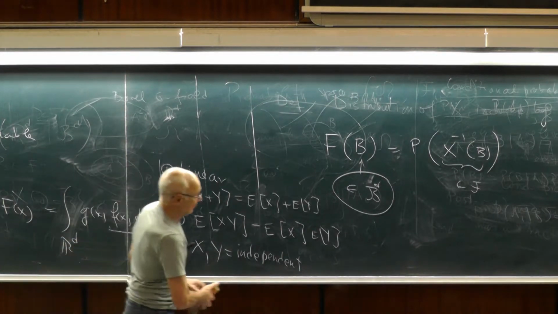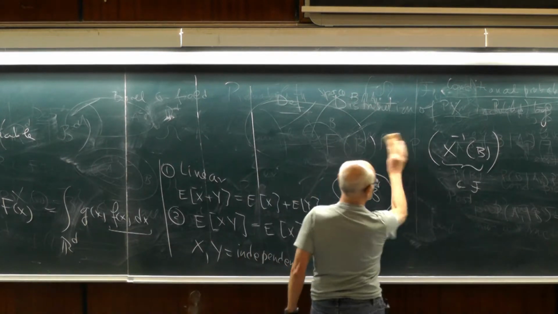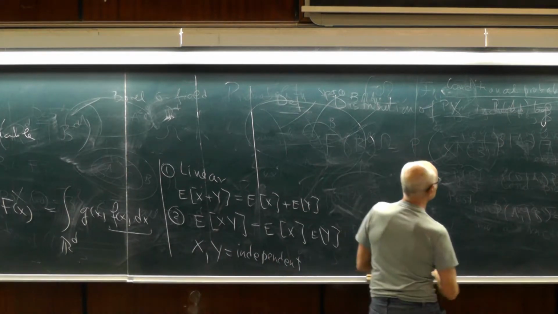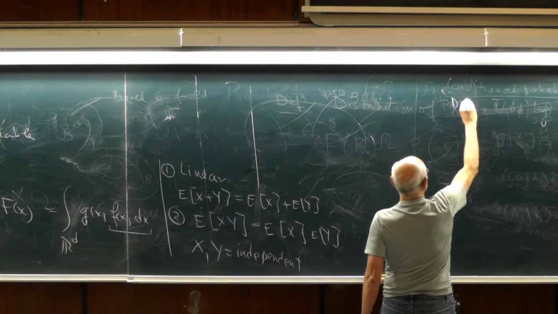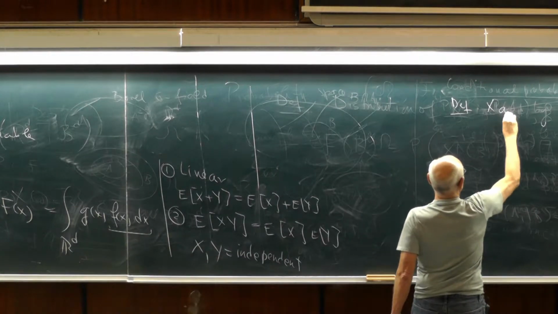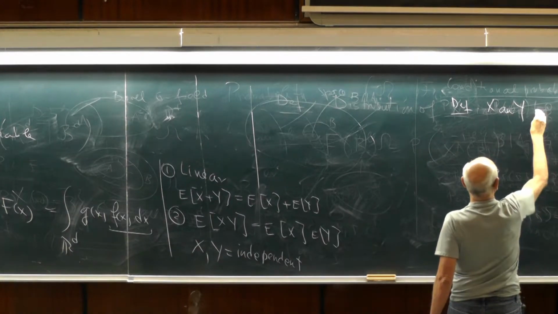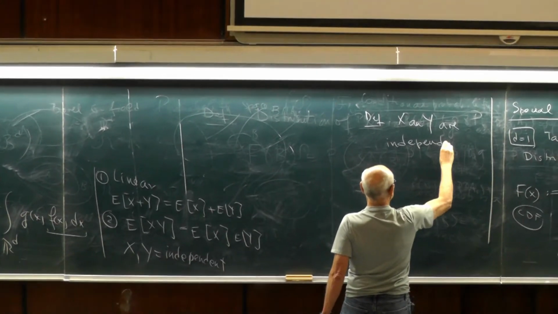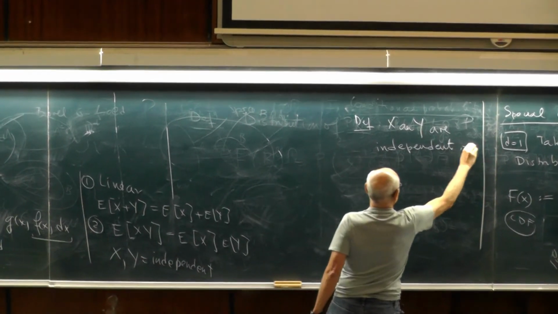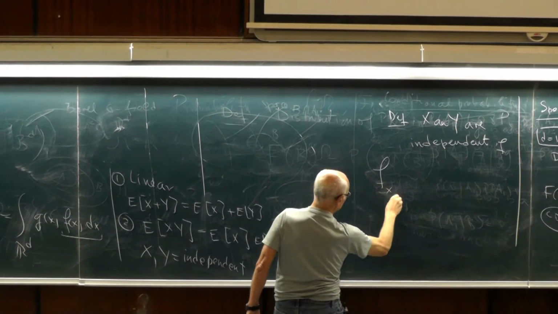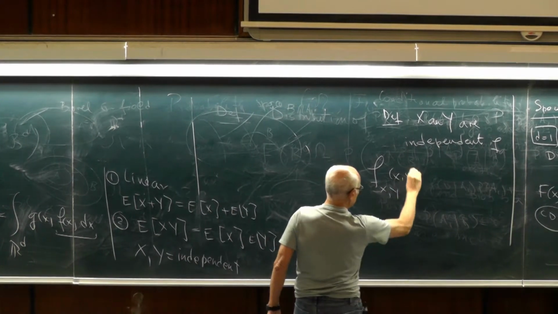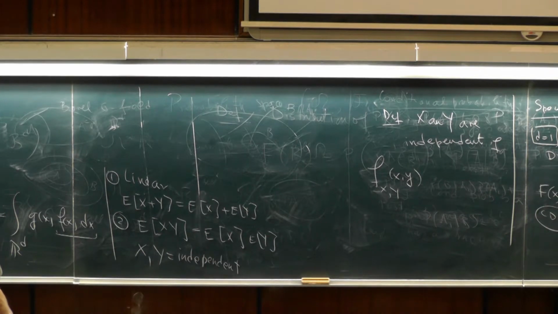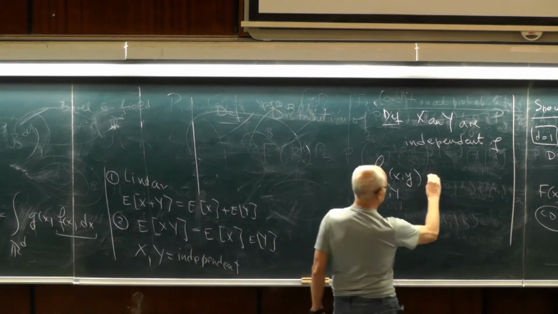And in terms of independence, X and Y random variables are independent if the joint density, and I'm indicating this by this, so this is a joint density of X and Y, is a product of the densities.